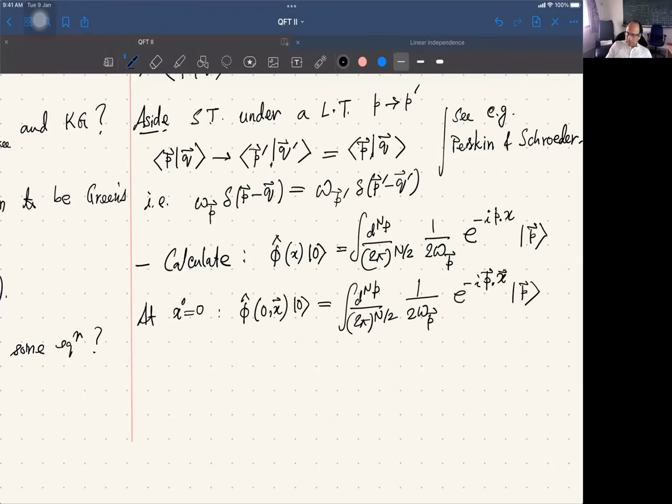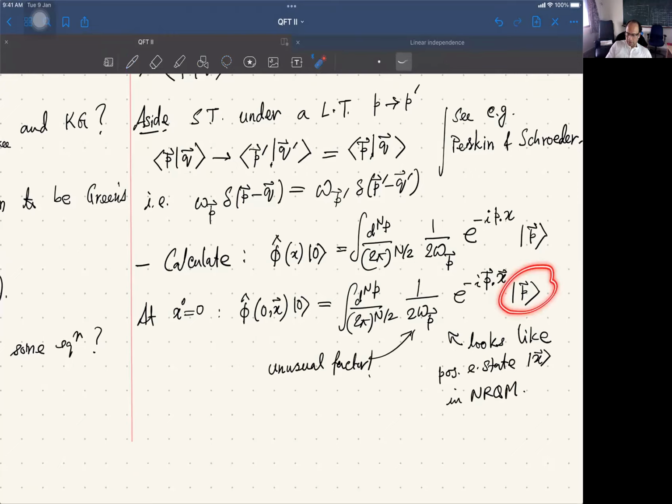Okay, this of course looks like position eigenstate x vector in non-relativistic quantum mechanics, except that this factor is unusual. This unusual factor is present because this state is unusual.